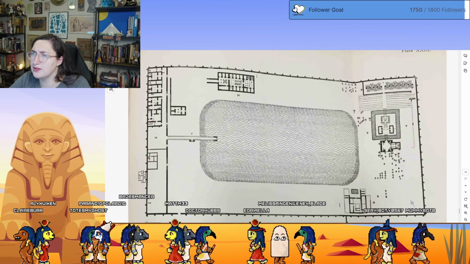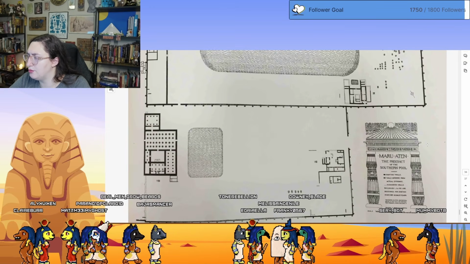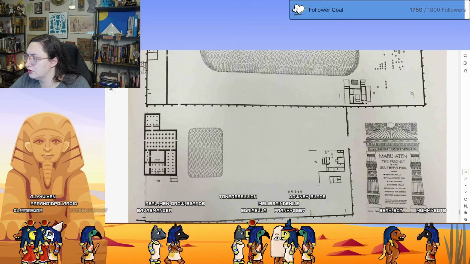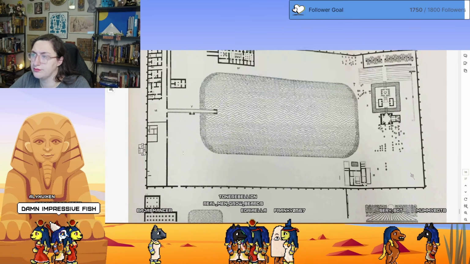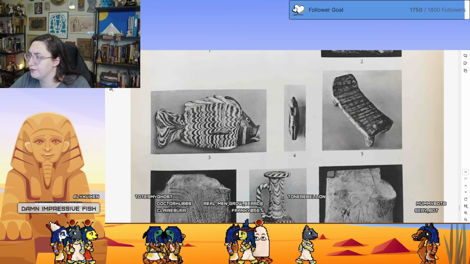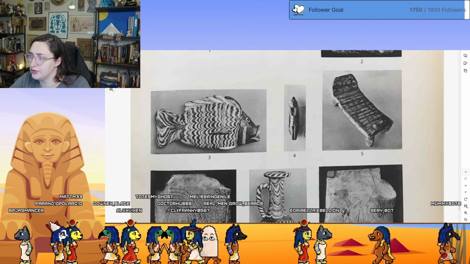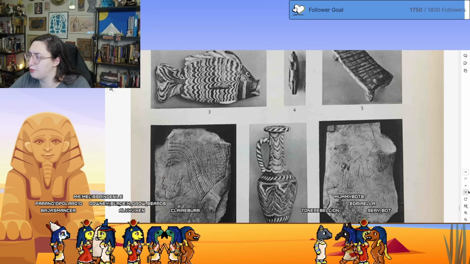Especially because there are two identical cellars that were both boarded up. I know, isn't that fish cool? Where'd the fish go? It's a beautiful fish. It actually is probably glass, which means it's probably not even Egyptian. It probably means it's being imported.